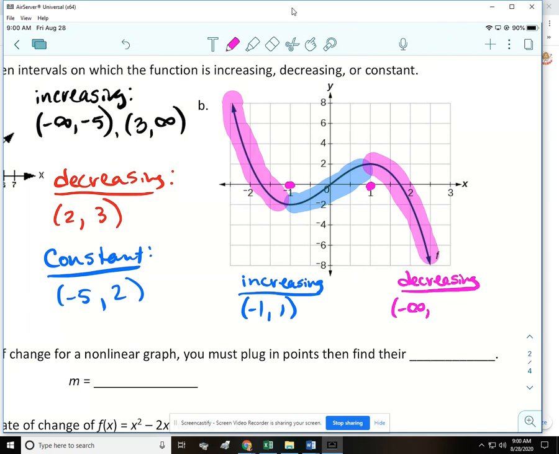And then it's going to be decreasing all the way until you get to -1. And then this function starts decreasing again at 1, and then decreasing forever to the right, and forever to the right is infinity. Again, only x's.